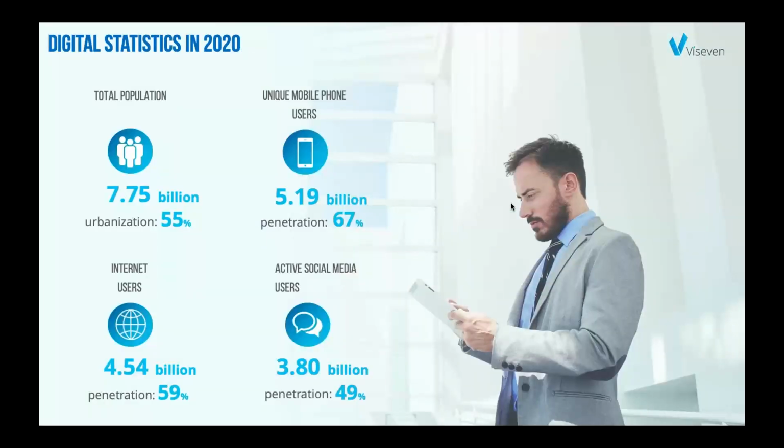Part of that is actually because the audience are digital natives, so they're digitalized. If you're looking at some of the figures on this slide, we have more than 7 billion people living on Earth at the moment, and more than 60% of those use the internet every day. So they're using social media, they're using the internet on a daily basis, and the bulk of that population are actually our target audience.